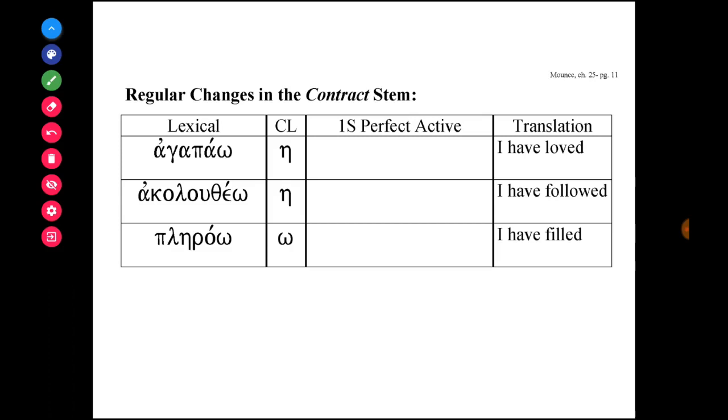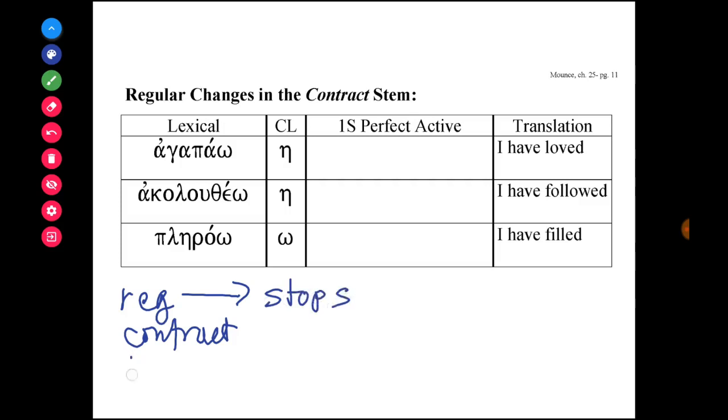If you notice, we've been breaking down our verb vocabulary by grouping them into regular verbs, contract verbs, and, with the regular verbs, I would also include verbs with stops, and then liquid verbs, and then finally the irregular verbs, which have either a very unstable stem that changes all the time or more than one stem. And so there are a couple of rules or guidelines to form the perfect tense for each of these groups.